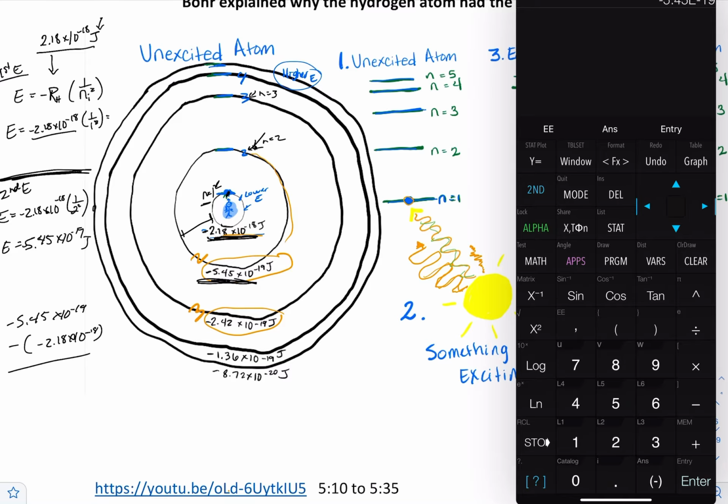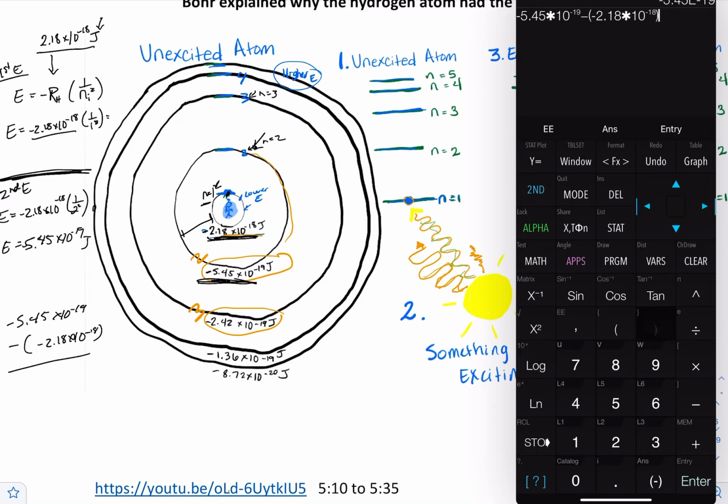So that's the first energy level. So he just subtracted the second, negative 5.45 times 10 raised to the negative 19th, minus, in parentheses, negative 2.18 times 10 raised to the negative 18th.